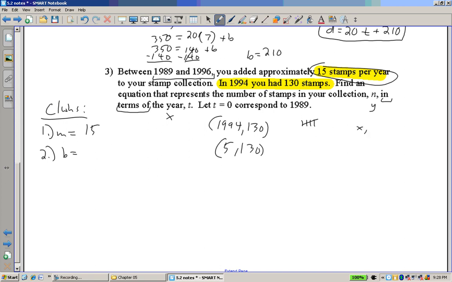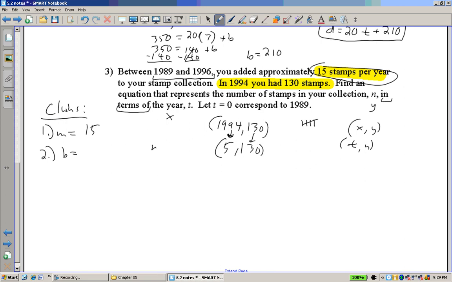So instead of x, y, we have t, n. The year should go first. That's my x. And in fact, 1994, or the year 5 from 1989, that goes first. That's correct. Then the number of stamps should go next, 130. That does go next. So this is correct.